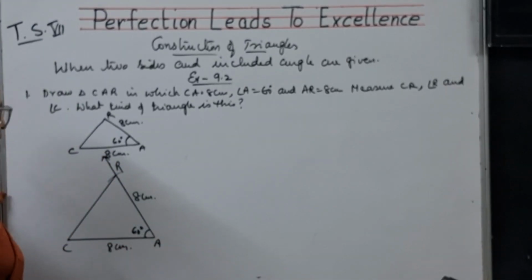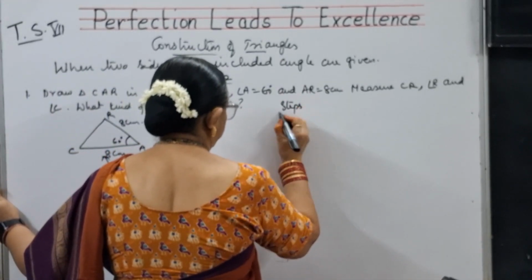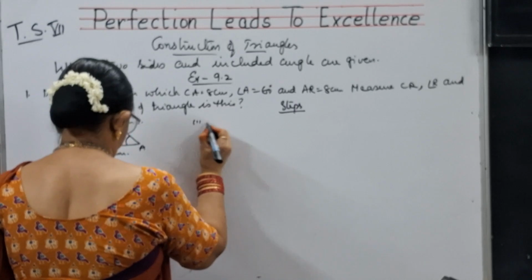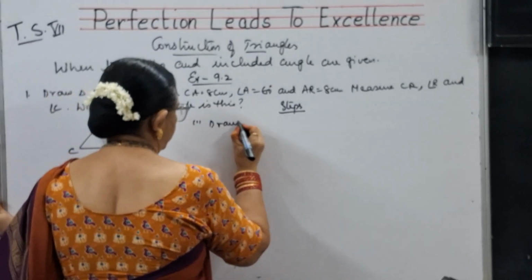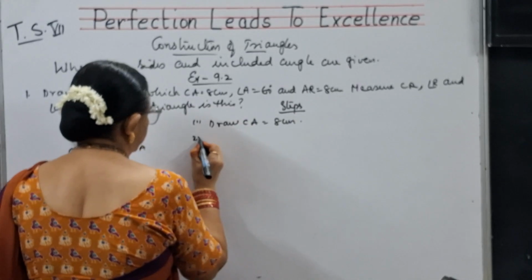So first let us write the construction steps. What are the steps? What did you do? First one, draw CA equal to 8 centimeters.